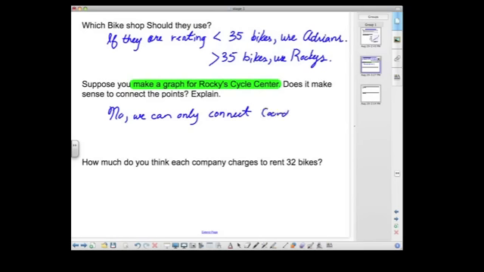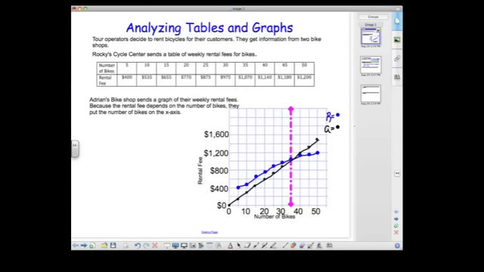Now, in this case, we did go through and connect our data points. That was strictly for a visual for us to be able to solve the problem, but I would expect you to go back and erase those lines on a test or a quiz because they're not really called for in this type of data. Okay, so we'll go back and we'll erase those lines.